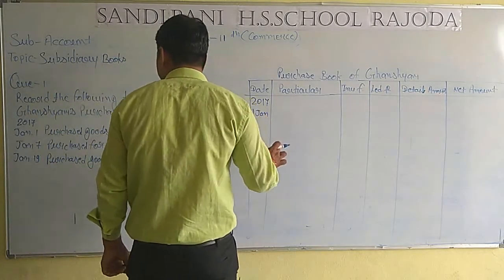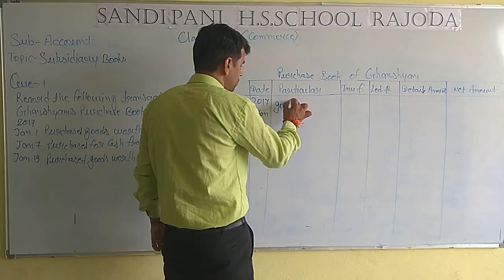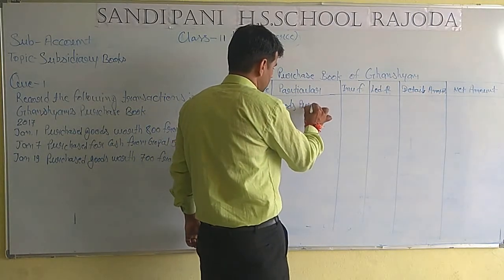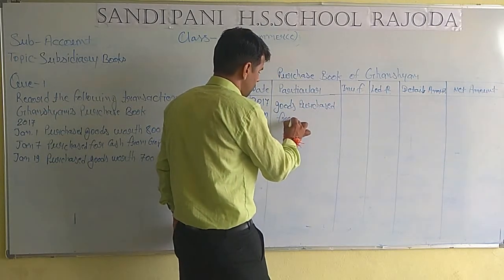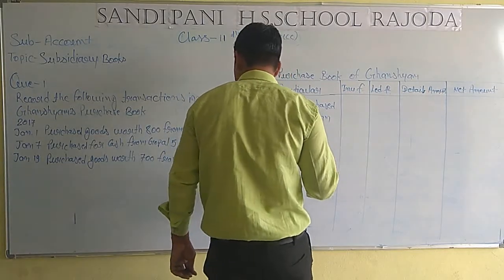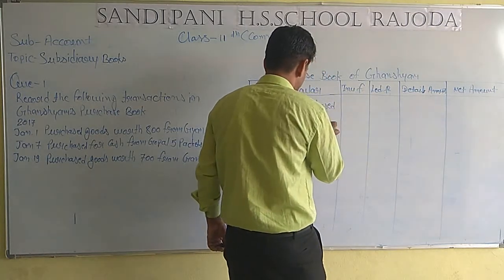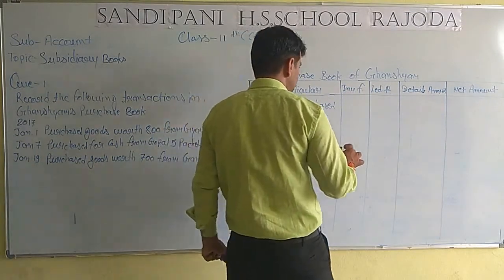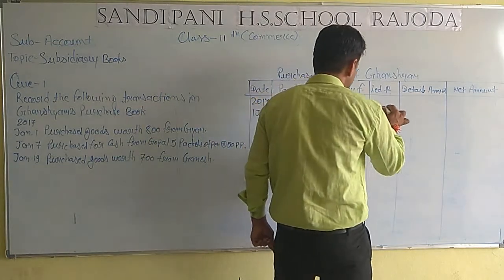So here we will write in the particular column: goods purchased from Gyan. Okay, 800 rupees. Invoice folio and ledger folio are not given, so we will not write in these columns.